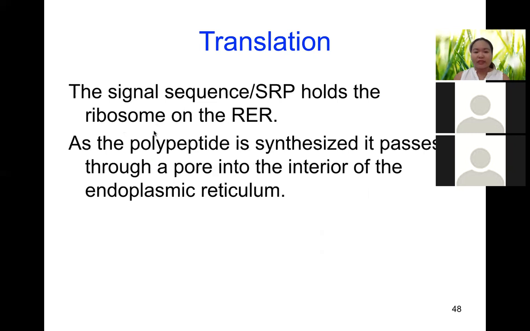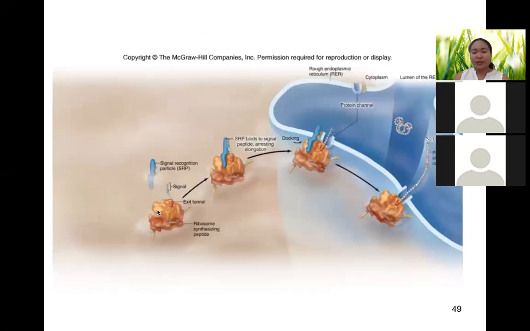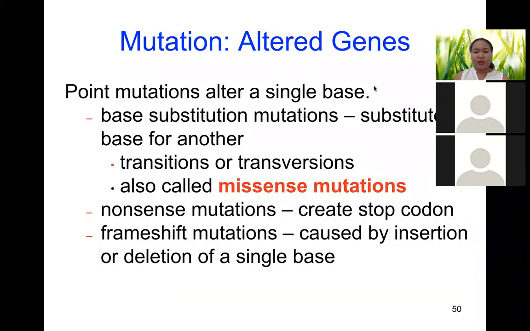And then the signal sequence holds the ribosome on the RER, and then the polypeptide is synthesized and passes through a pore in the endoplasmic reticulum. It's as shown here. So from this SRP, signal recognition particle, it binds to the peptide, and then here in the RER. So that's it, no?